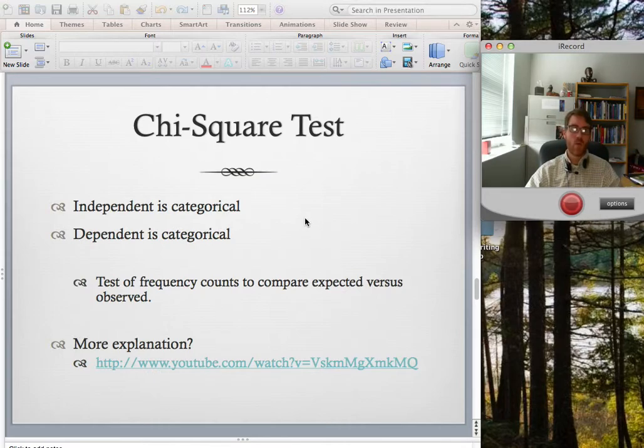So now what do we do if we have two categorical variables? Our independent categorical and our dependent categorical. Can we compare those and see if there's a significant difference? Yes, we can. And really it's using frequency. So let's take the example of gender. We want to compare gender in how good we are at directions. So we're either good at directions or bad at directions. We're male or female.